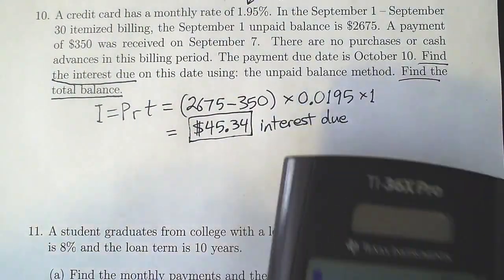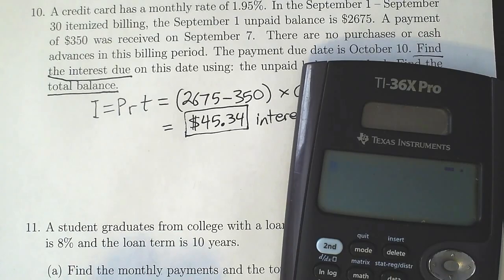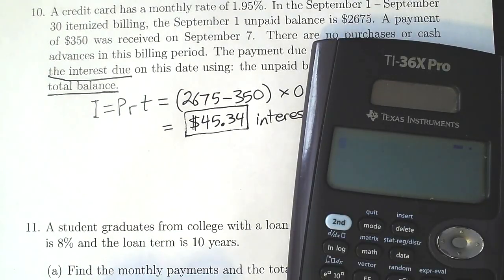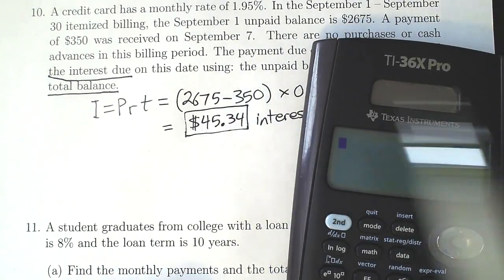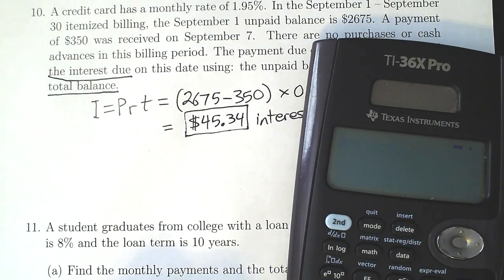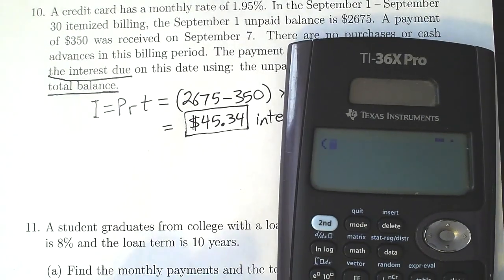Before I go on, though, I want to say something quick about the calculator. When I wrote it on my page, I have parentheses here, right? So let me just show you this. If I do 26.75 minus 350, you see that I have parentheses.